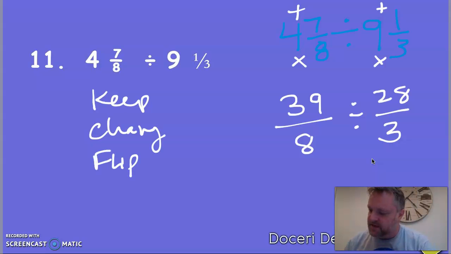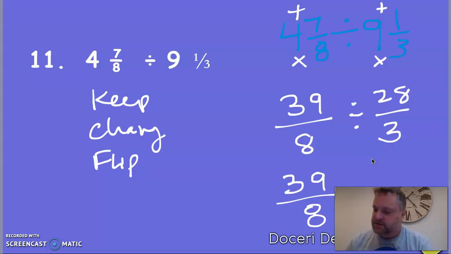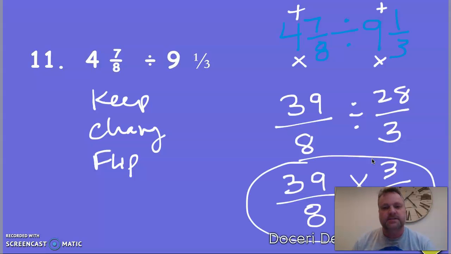So the first step is to keep the first fraction, change the division into multiplication, and then flip. I flip the second fraction upside down. So the 3 goes on top, the 28 goes on the bottom. And in this case, that's all they're looking for, is for us to set it up to go from a division problem and turn it into a multiplication problem. So that is the example for number 11.